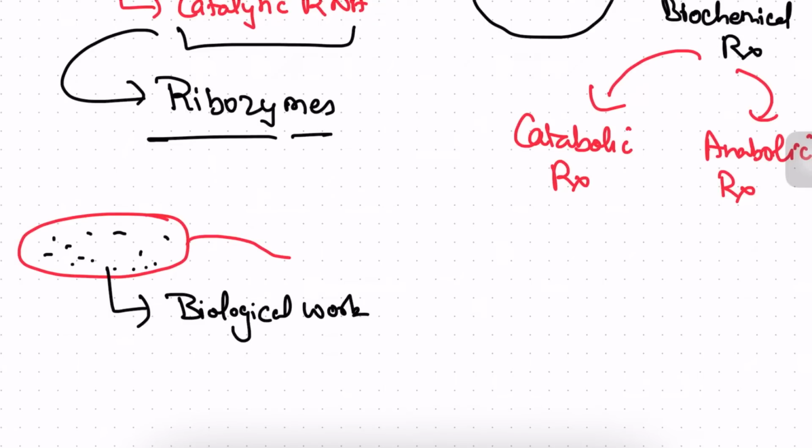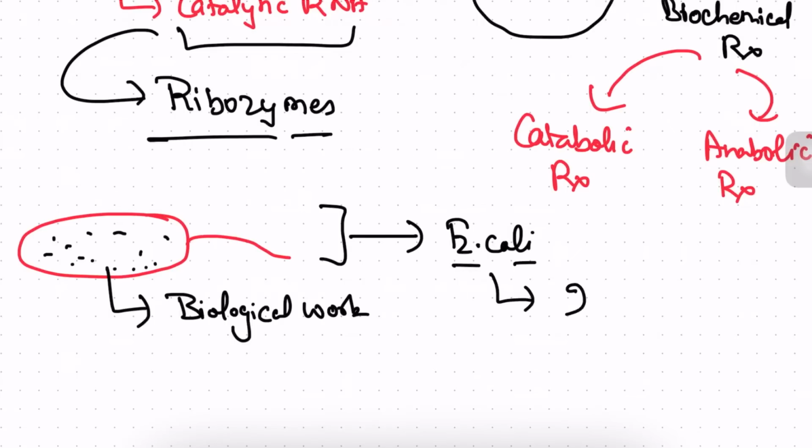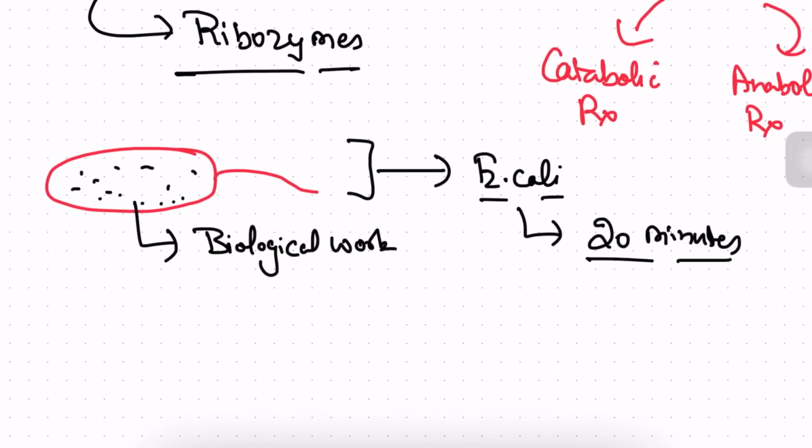I am going to take one example. Hopefully you know, generally the bacteria E. coli is going to have a life of 20 minutes. Just 20 minutes life. Now in this interval, it has to carry out all the things.